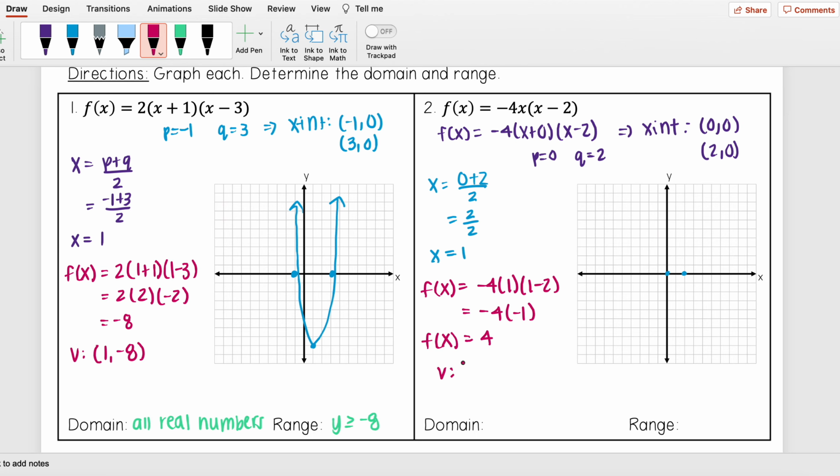So that means that my vertex here is going to be at 1, 4. And then I go ahead and draw my parabola from there. Domain is always just all real numbers. And then for my range, since this one's pointing downwards, it's going to be y is less than or equal to my y value of the vertex, which is 4.